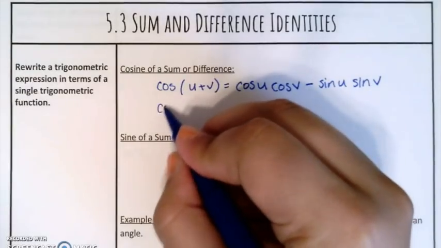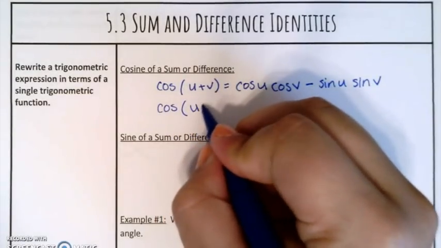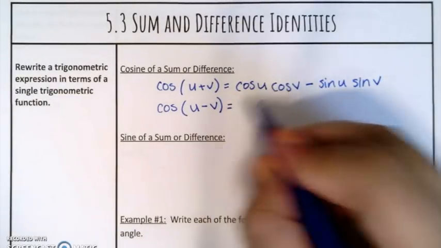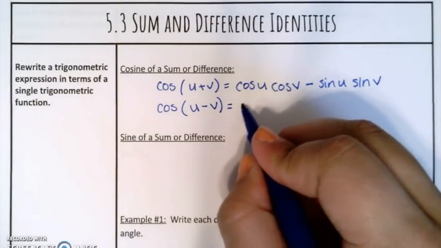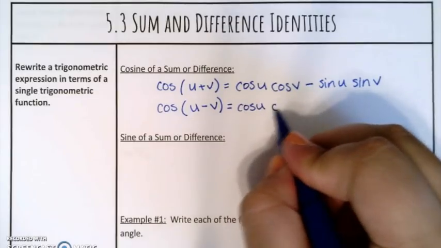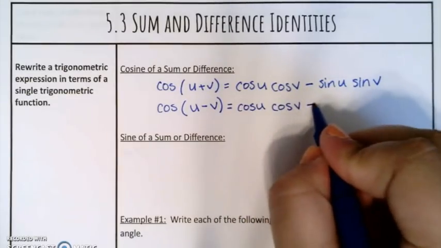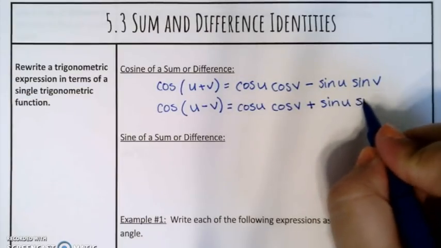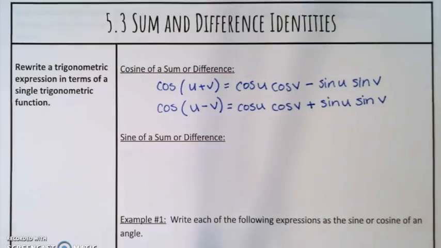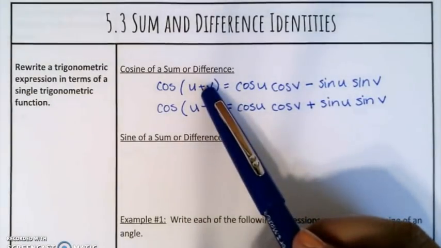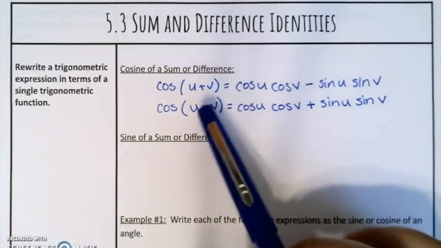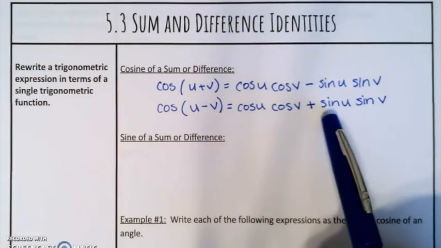Now the difference equation for cosine, which is cosine of u minus v, equals cosine of u times cosine of v plus sine of u times sine of v. So when you had the sum, it is equivalent to a difference, and the difference is equivalent to a sum.